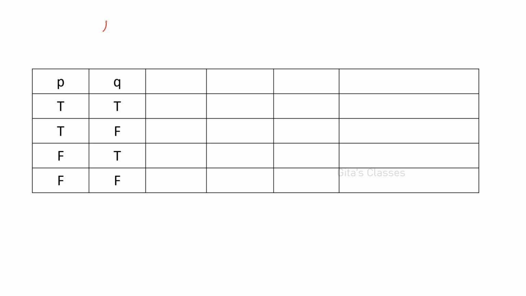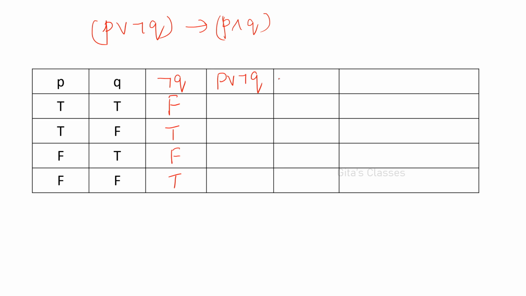Now what is the given expression? P or not Q, conditional P and Q. Let us take not Q first. So not Q will be F, T, F, T. Now P or not Q means the first and third columns, with or between these two.